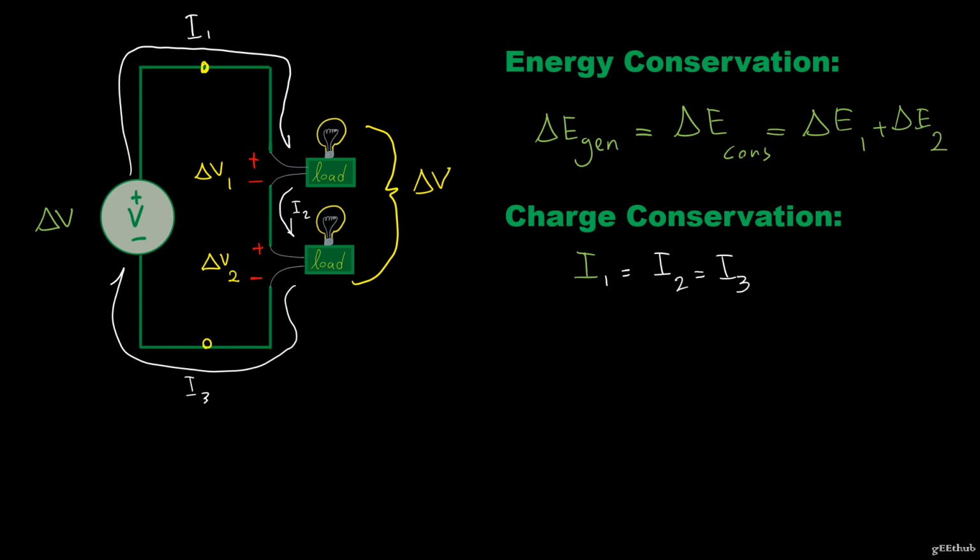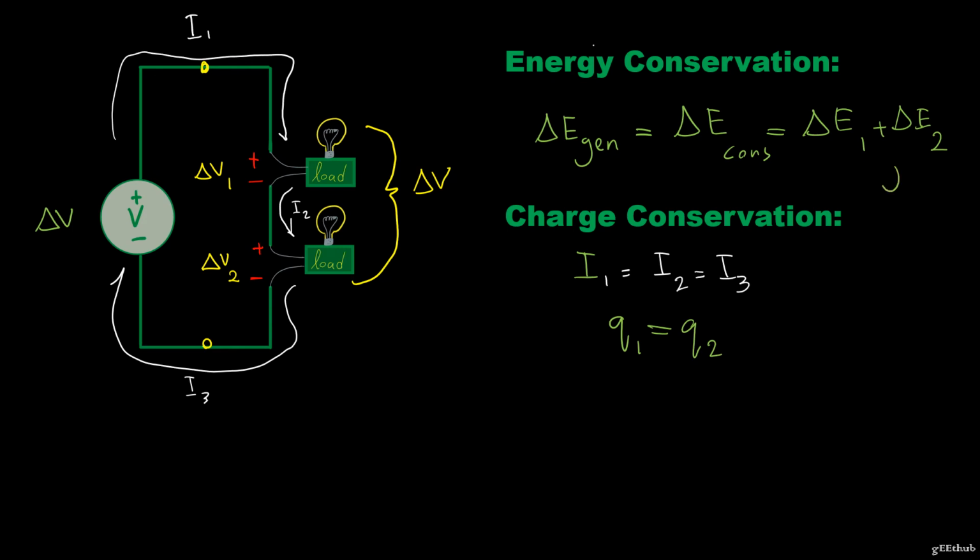Why? Because there is no alternative path for current to take and escape. So current is the same everywhere here, and because of that there is no charge escaping my circuit. I'm just gonna say Q1 to Q2, but what I mean is that there's no charge escaping.